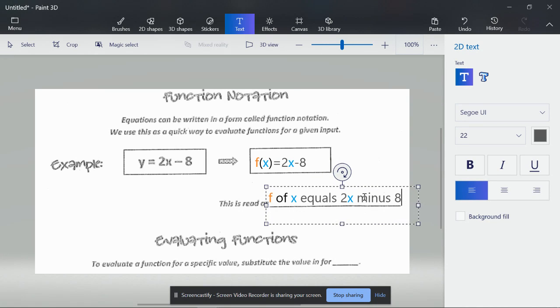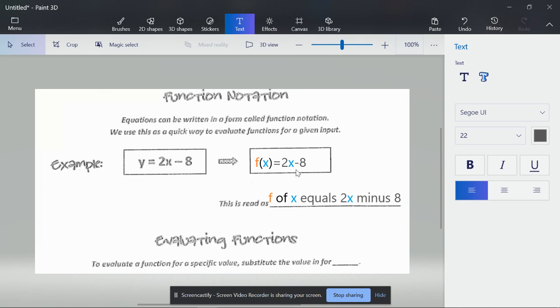So this is how we say this thing out loud. The f, you just say f, or again, whatever letter is here. The "of" represents these parentheses, and then you say x to represent that x, equals 2x minus 8.